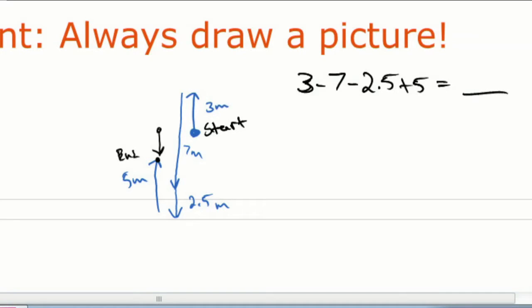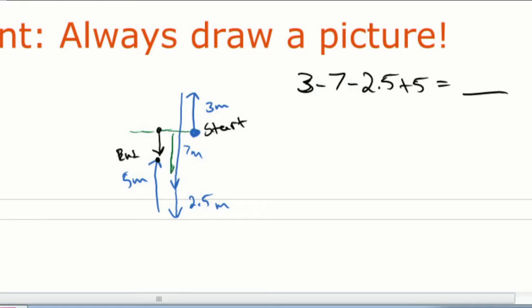I'll maybe look at the diagram really closely here. So I went up 3 and then I went down 7. So I basically have lost, I guess I've gone down 4 here.